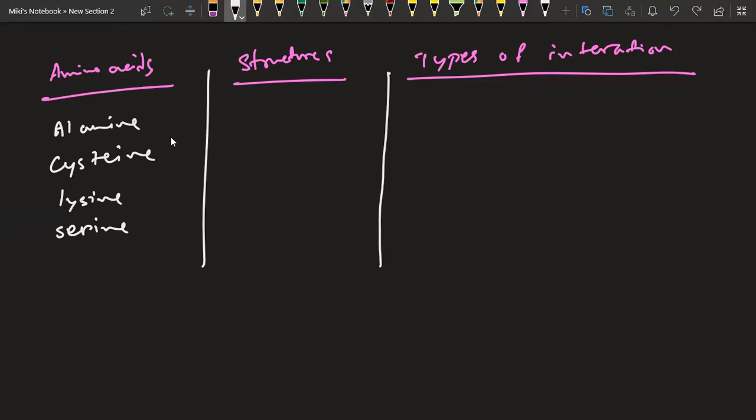Obviously you can go to the data booklet, but try to recall the structures, at least those given in the lectures, because these are the main types of amino acids which mostly come in the exam, as these are included in the syllabus.